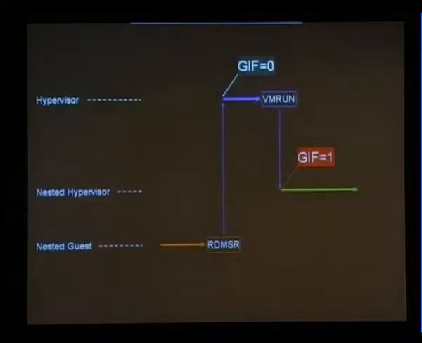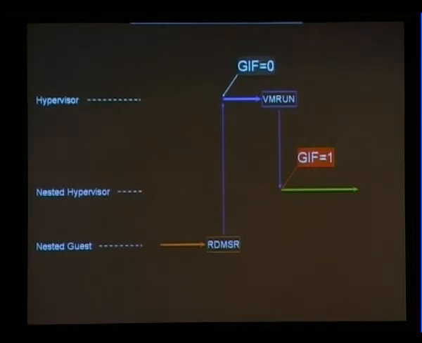So how should we implement this behavior of the global interrupt flag? This is the illustration of this behavior. So we have to modify the value of this global interrupt flag, but we cannot intercept its modifications.